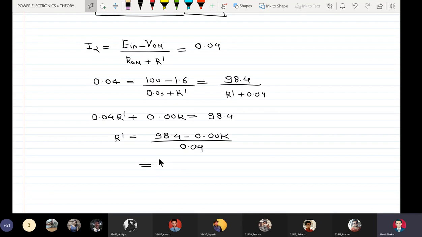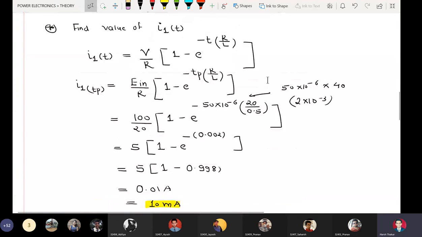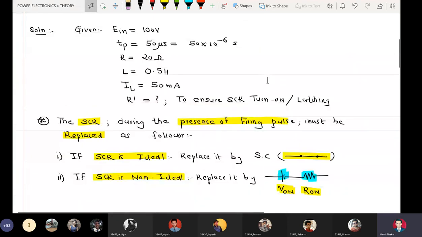So 98.4 minus 0.0012 upon 0.04 comes to 2459.9 ohms, approximately 2460 ohms. So the answer to the second bit is 2460 ohms.